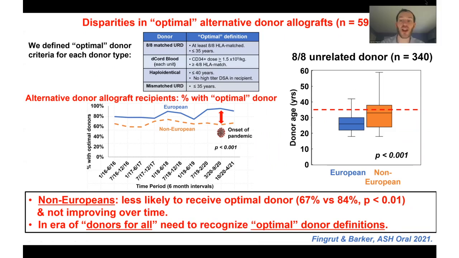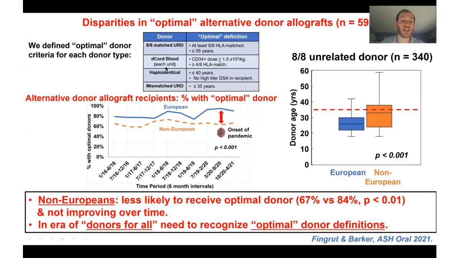In this 592 patient analysis, we examined within each type of donor that was received, did the recipient receive a quote unquote optimal donor of each type, which we defined as a fully matched or 8 of 8 unrelated donor that was less than or equal to 35 years of age, a double cord blood graft where there was a CD34 dose of at least 1.5 times 10 to the 5 per kilogram per unit, as well as a 4 of 8 HLA match per unit, a haploidentical donor that was 40 years of age or younger, or a mismatched unrelated donor that was 35 years of age or younger.